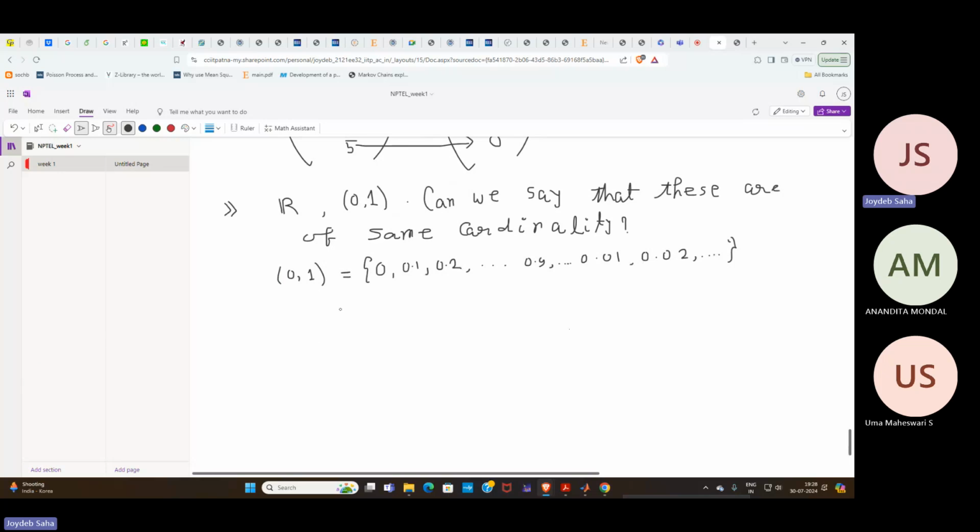Can we map this like this from 0 to 1? Not this, because we are not considering 0. From 0.1 we are starting.